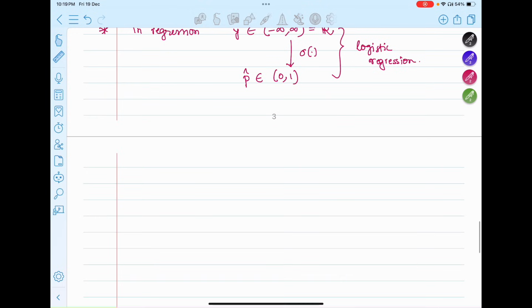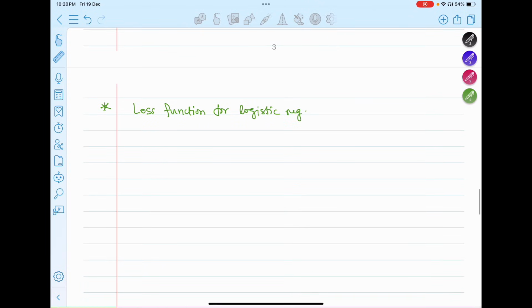If this is logistic regression, what is the loss function? The loss function is called binary cross entropy loss.